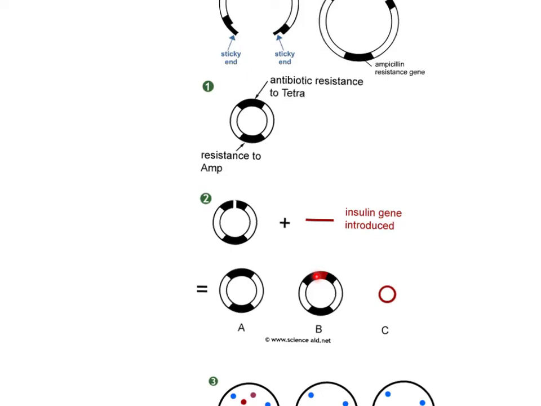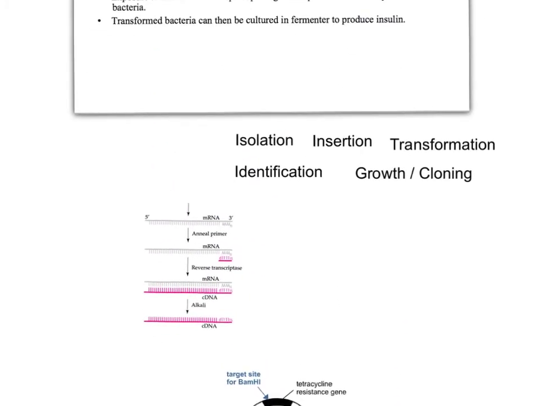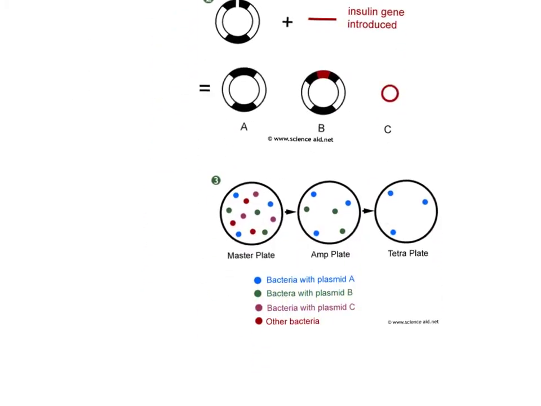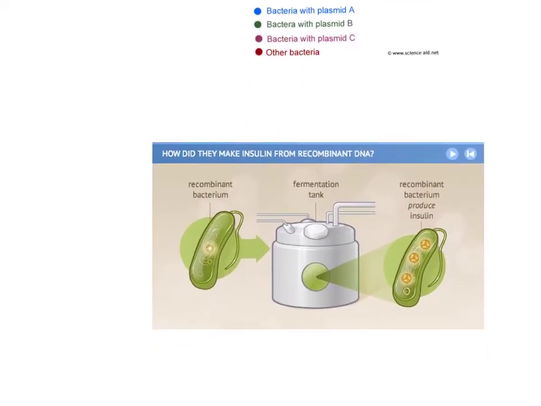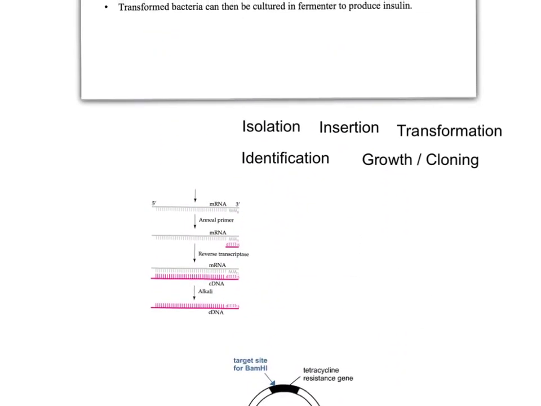Having inserted our gene into our plasmid, that's insertion done. The next process is transformation, when we have to get our plasmid into the host organism. There are a number of ways that this can be done, which we looked at. In this particular example, we tend to use heat shock treatment.